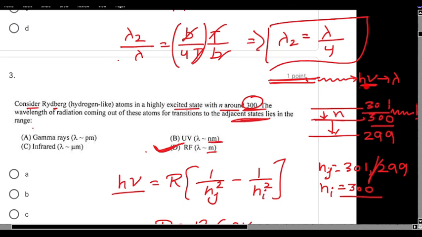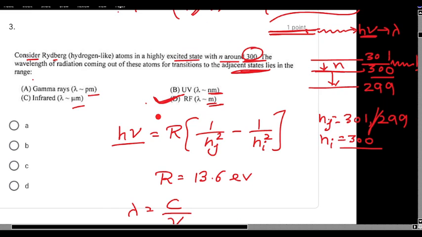You can directly point out that it is not in the nanometer or picometer range, which are very small, and it should be in the radio frequency range. That's it, three questions we have discussed.